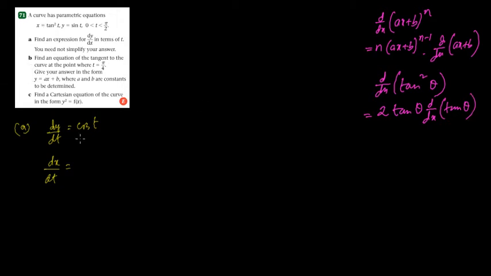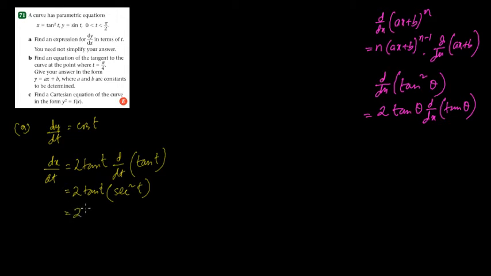So we write 2 first, then we write tan t, and then we write d by dt of whatever is inside the power, which is tan t. So we can write 2 tan t, the derivative of tan t is sec squared t, and the chain rule of this angle is 1, so I'm not writing it.